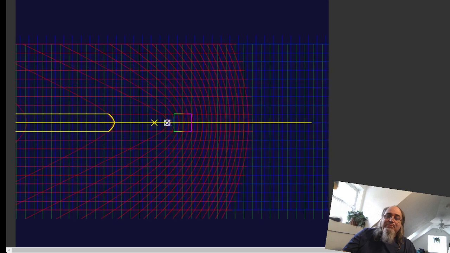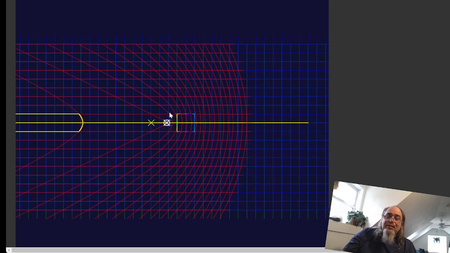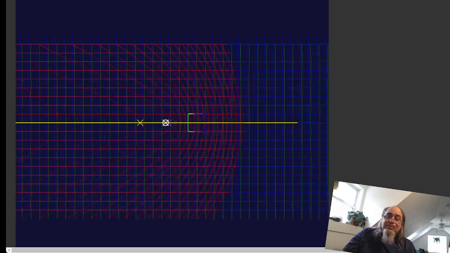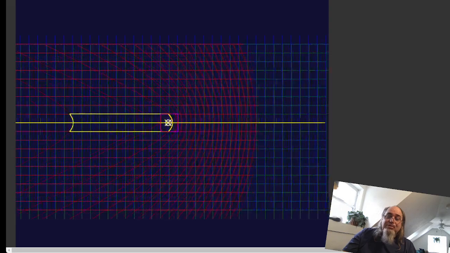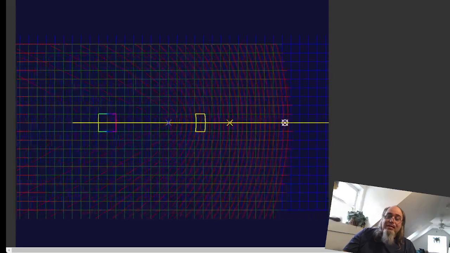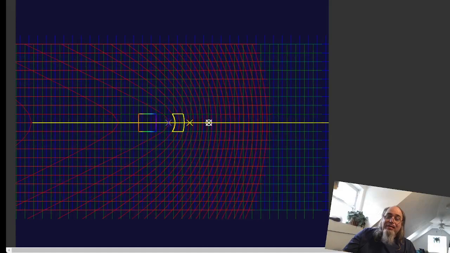But if it's before, then it sees one side 2 seconds before the other side.